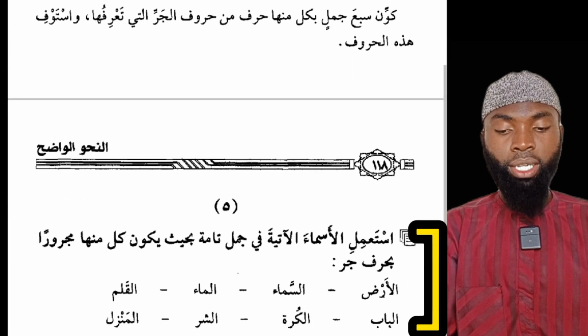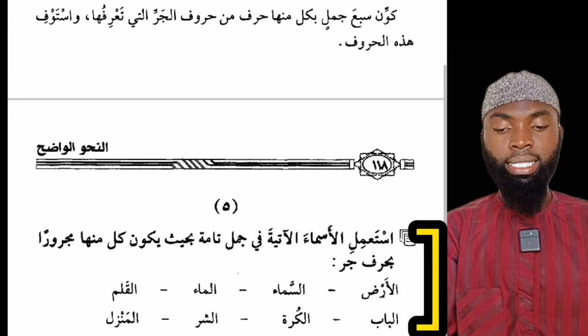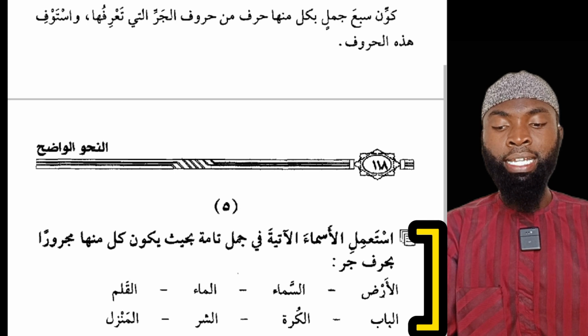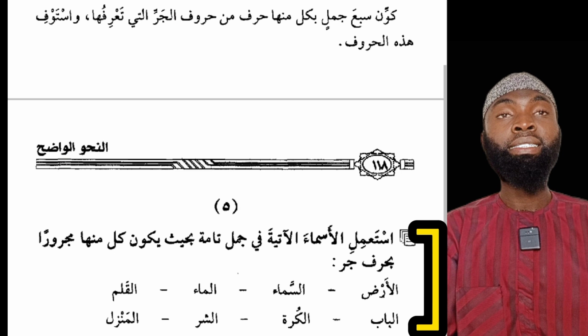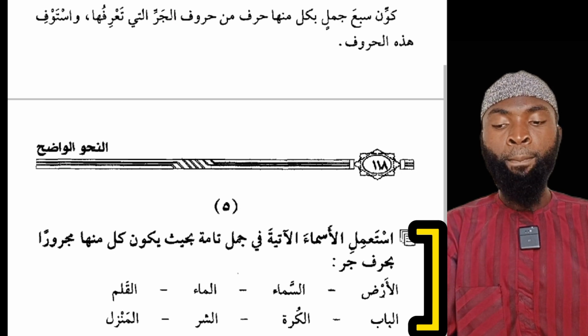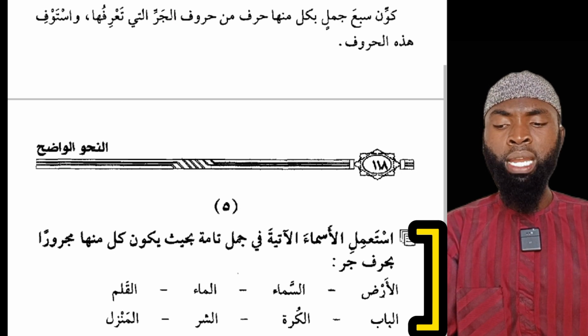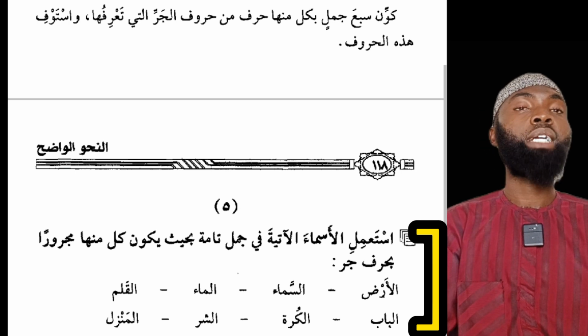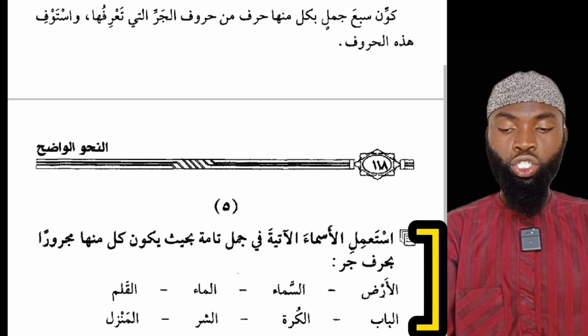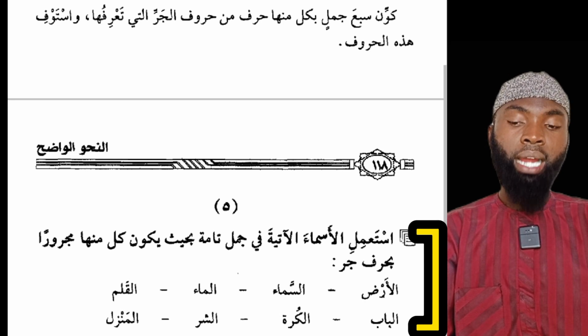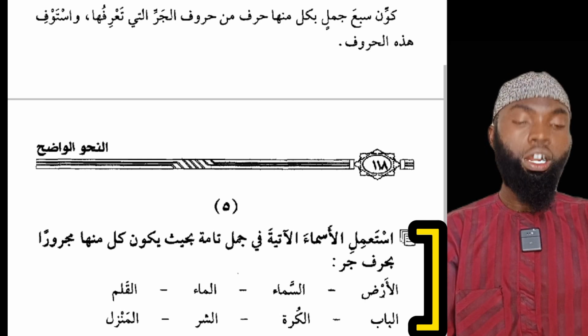The next exercise, Tamrinul Khamis, exercise number 5. The instruction says, Ista'mil al-asma al-atiya fi jumalin tammah, use the following nouns in complete sentences, making sure each of them will now be in the genitive case carrying kasra, because they are coming after a preposition, harful jar.